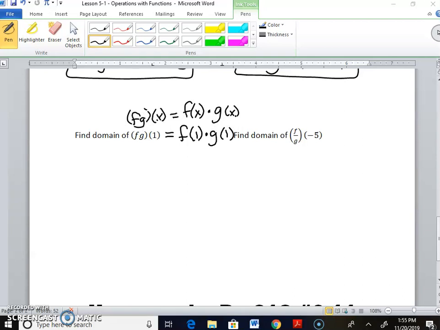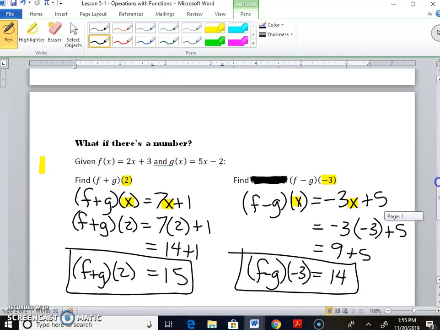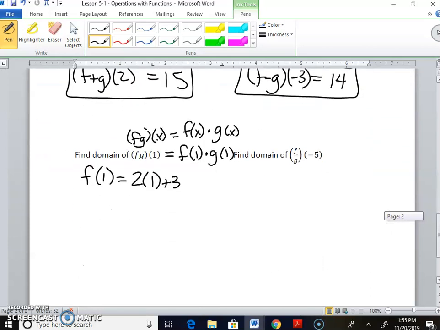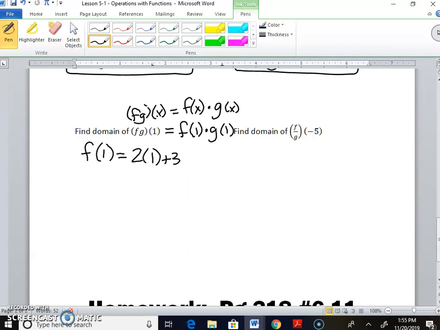So if I wanted to, I could say, okay, first I need to find f of 1, and f of 1 will be 2 times 1 plus 3. That's just looking back up top there, 2x plus 3 for f of x. So that's going to give me 2 plus 3, which gives me 5.